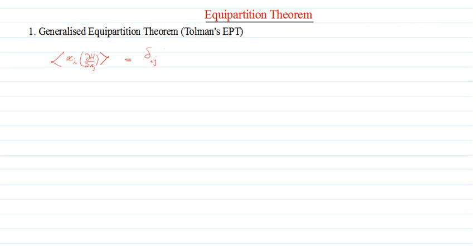Here kB is the Boltzmann constant. This mathematical expression is what is known as the generalized or Tolman's equipartition theorem.